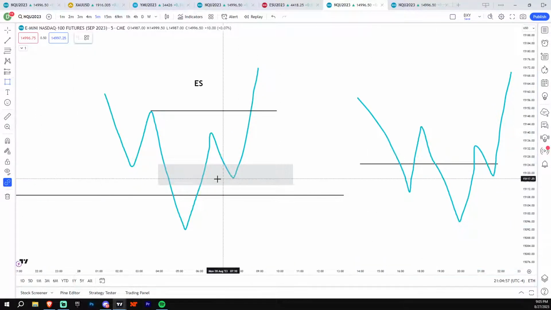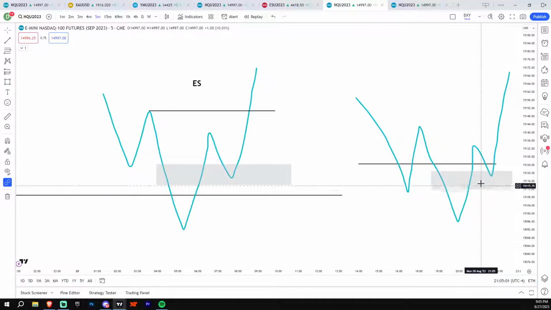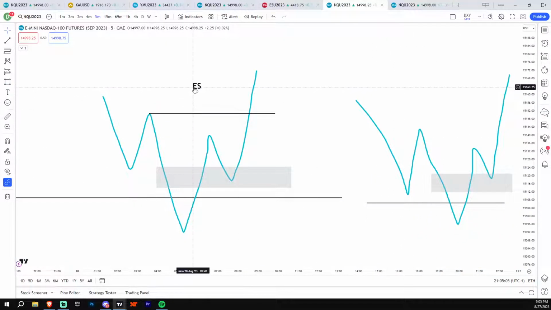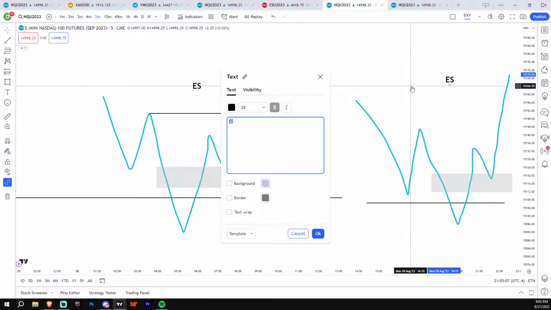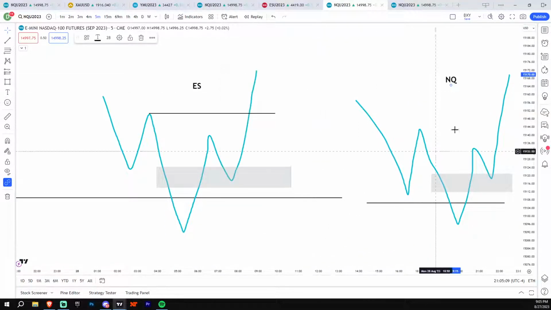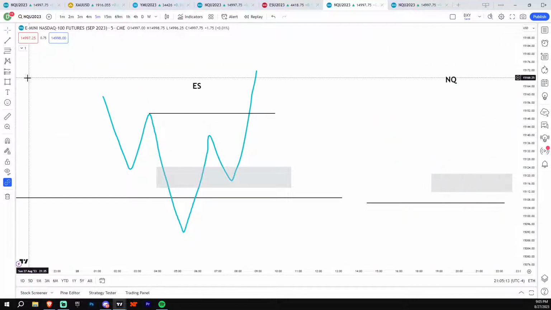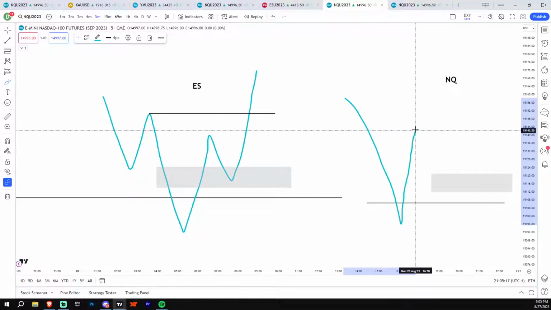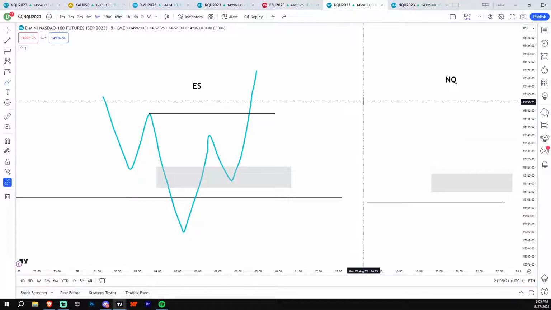And this could be an inverse or a BPR, which I'm going to make a video on the difference, but generally this is very similar. So let's say this is ES, this is NQ. Right here, I'm going to change up this path a little bit. Oh god, this is not a good drawing.